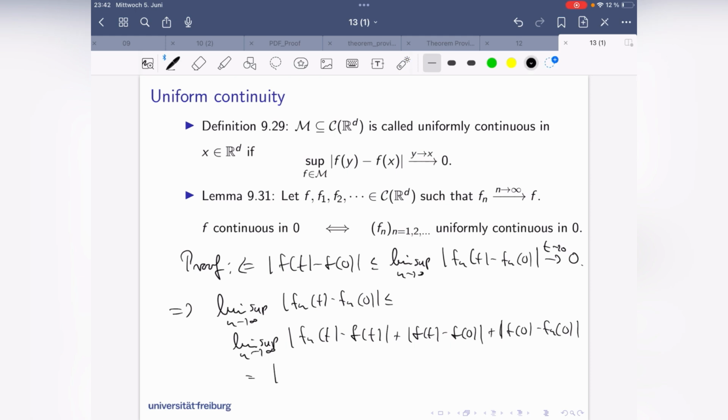What remains is f of t minus f of 0. But we have continuity of f at 0. That means for t going to 0, this converges to 0, which shows the other direction, which we are also going to need in a moment.